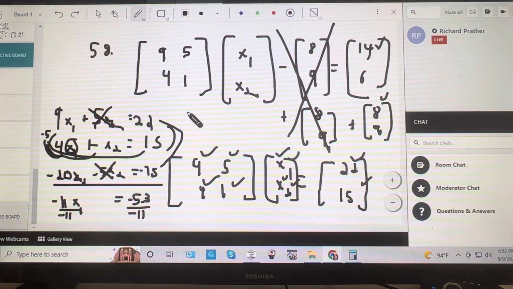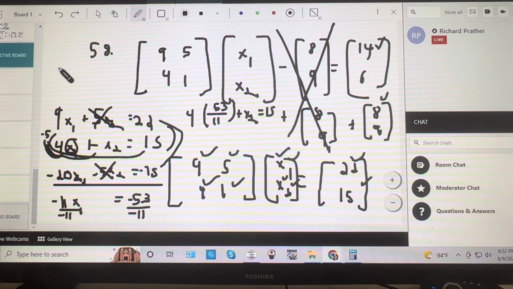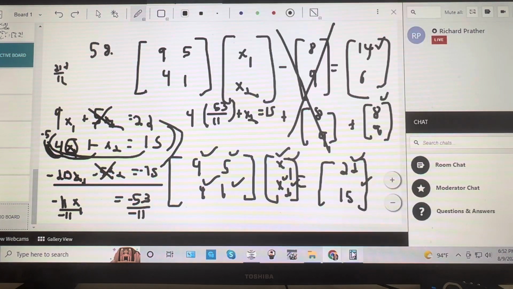So you would have 4 times 53 over 11 plus this x2 would equal 15. 4 and 53, they don't reduce by 11, so 53 times 4 is 212 over 11. I don't think that divides out. Let me make sure. Yeah, see, that's a messy decimal.